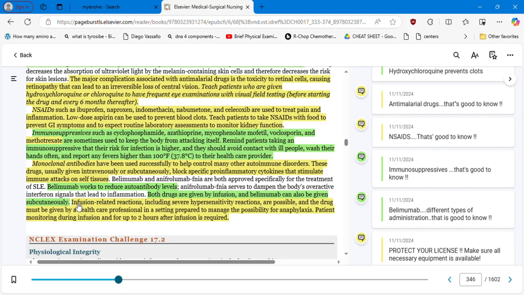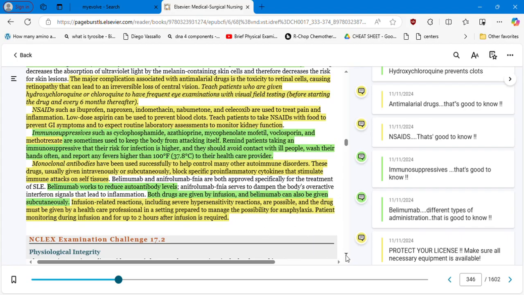Sometimes nurses teach patients how to administer these medications subcutaneously. It could be done in the outpatient clinic. Infusion related reactions include severe hypersensitivity, and the drug must be given by a healthcare professional in a setting prepared to manage the possibility of anaphylaxis. So monitor patients during infusion and for up to 2 hours after infusion, especially if the medication is given IV.